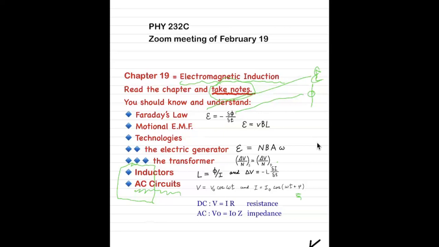So V0 is I0 times the quantity Z, which we call impedance. And contributing to the impedance will be resistance, capacitance, and inductance. So there's a whole section on AC circuits.